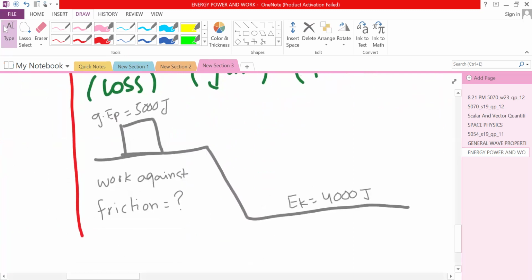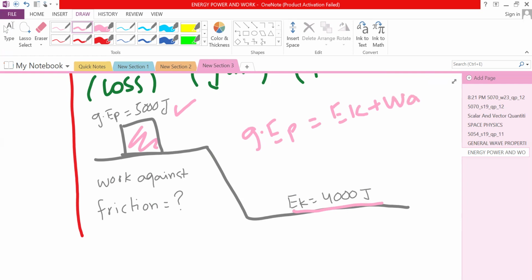Here is a question: the gravitational potential energy of this block is 5,000 joules and its kinetic energy is 4,000 joules. Now you have to calculate the work against friction. The formula is gravitational potential energy equals kinetic energy plus work against.